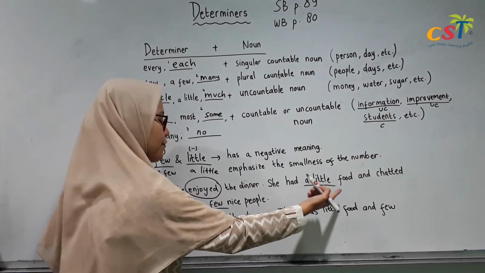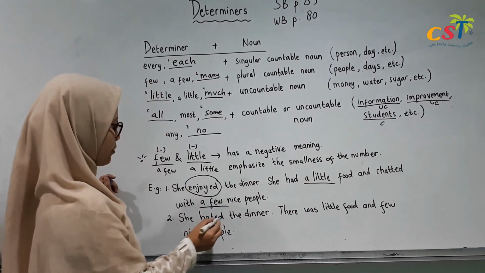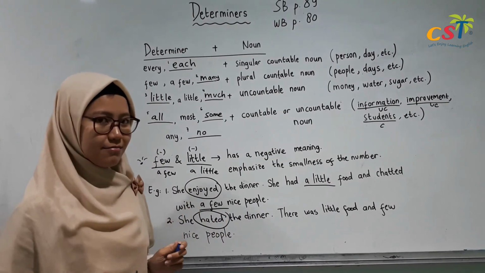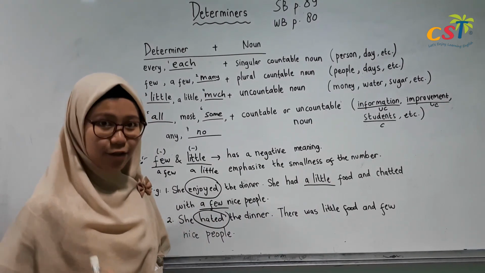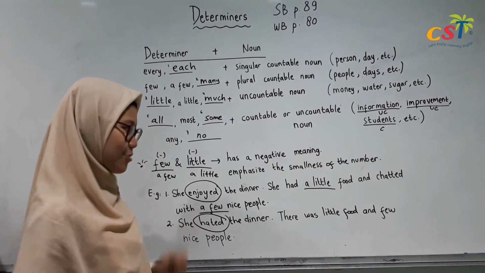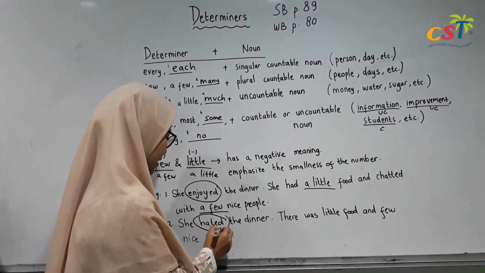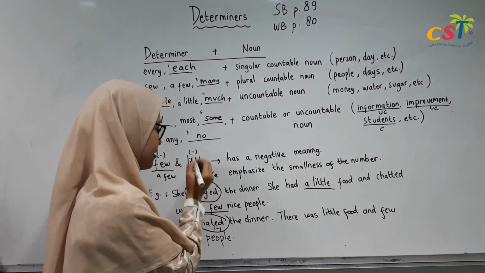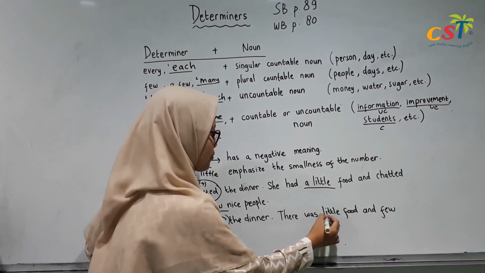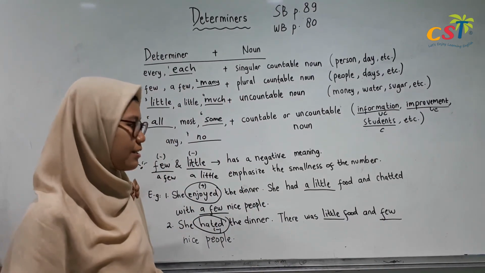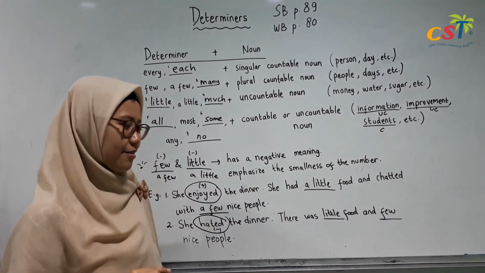This one is neutral or more into positive feeling because it said that she enjoyed. She had a little food. But compared to the second example, she hated the dinner. If hate, it means negative feeling, right? That's why for the negative feeling, we use little and few, to show small number.